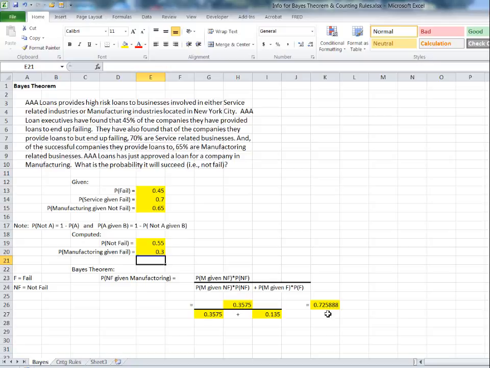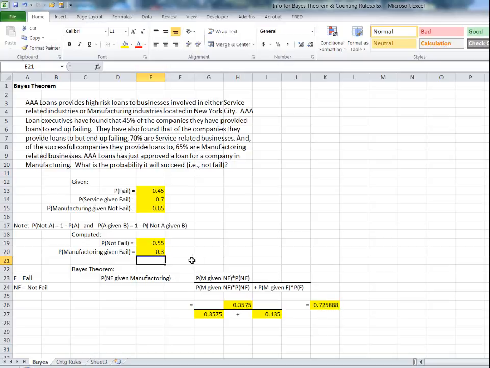And so now we have the probability of not fail given manufacturing. So we know the company is a manufacturing company. We now would say that the probability that it will not fail is 0.7259.